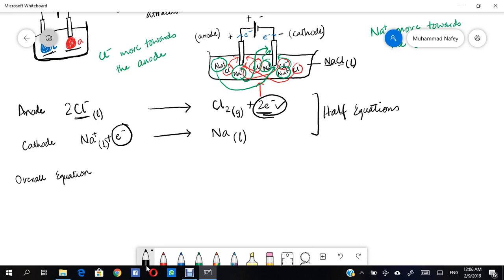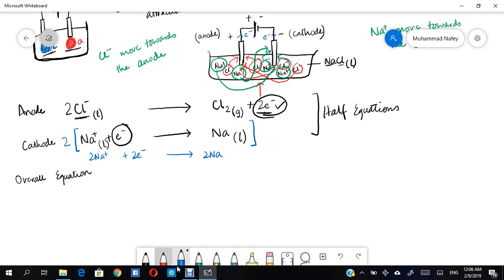So now if we take a look at the anodic equation, we see that 2 electrons are produced. And if we take a look at our cathodic equation, we see that 1 electron is used. For this reason, we are going to multiply our cathodic equation by 2. So that we have 2Na+, which is gaining 2 electrons to give 2 sodium atoms.